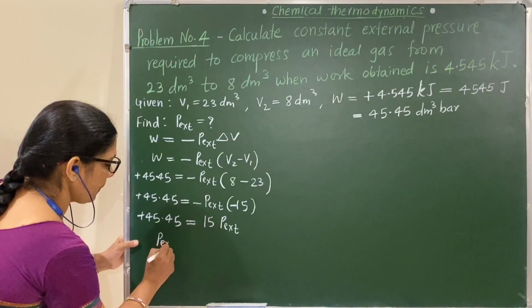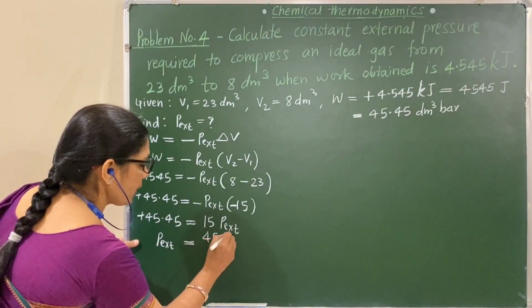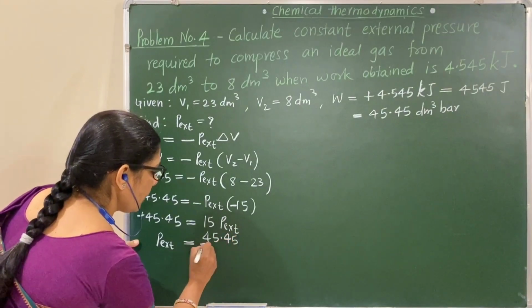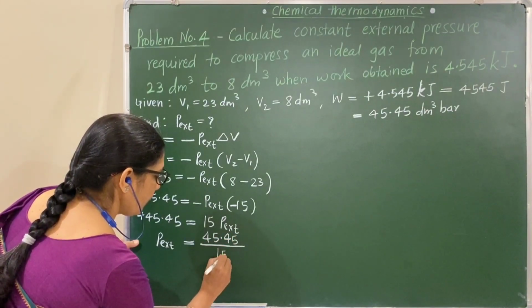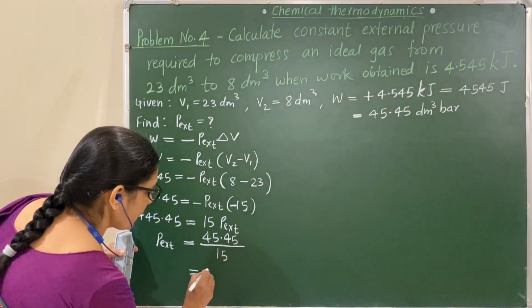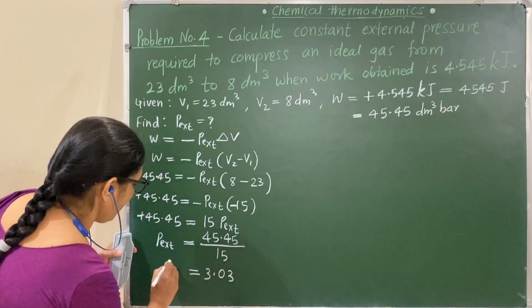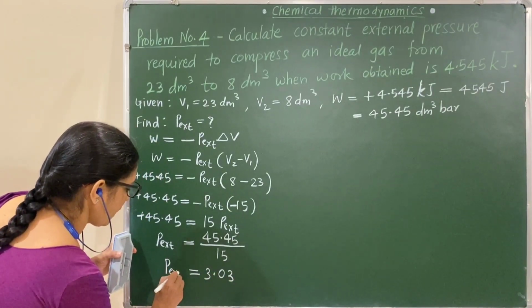Now external pressure is equal to 45.45 divided by 15, which is 3.03, that is P external.